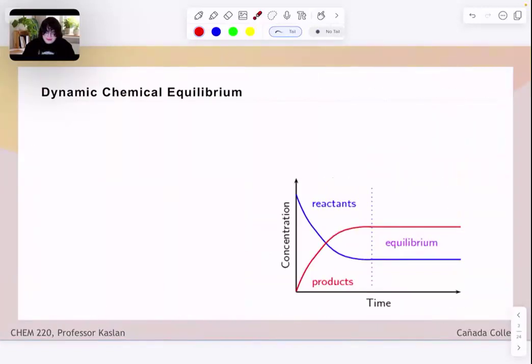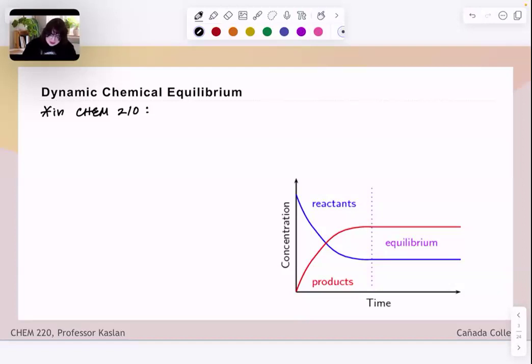Now, what does that have to do with an actual chemical system? Instead of looking at a phase equilibrium, what if we look at a chemical reaction? In Chem 210 or Gen Chem 1, we made a major assumption about chemical reactions when we did all of our stoichiometry, when we did our titrations, right? And that big fat assumption that we made is one that's actually not really true. It's kind of like hand waving the truth away.